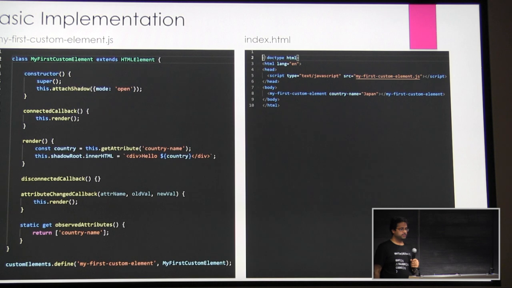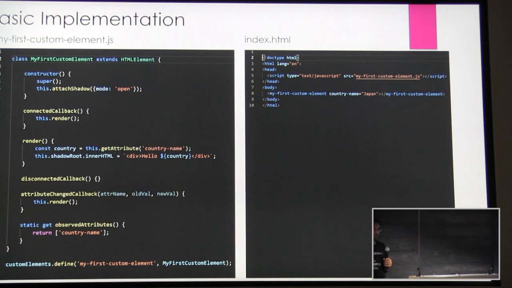Once we have declared this, we need to define or register this custom element with the document, and we do that using customElements.define. That's an inbuilt, globally available property.